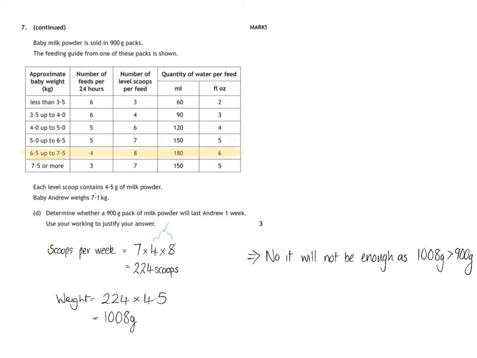Our second mark is for working out the grams for 1 week, and our last mark, the third mark, is for making a comment. It's not enough because that is more than 900 grams, which is how much 1 pack has.